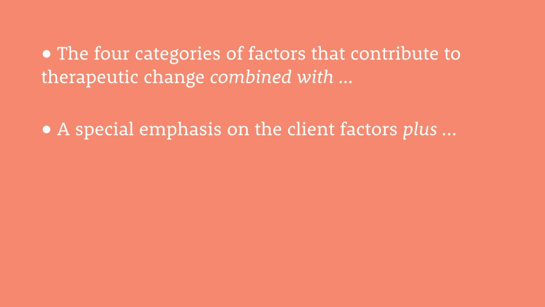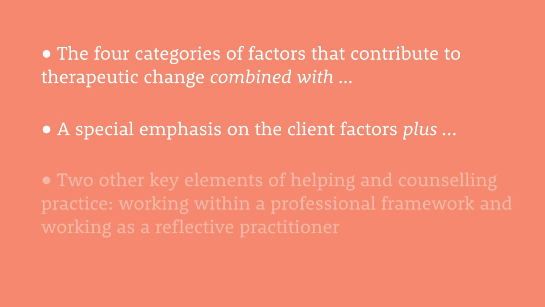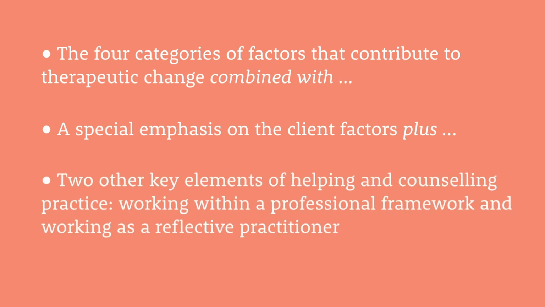It does this by allocating 1 process for observed client factors and 1 process for inferred client factors. And finally, 2 other key elements of helping and counselling practice: working within a professional framework, and working as a reflective practitioner. When these are all added together, they form 7 helping and counselling processes, 7 ways of supporting change.